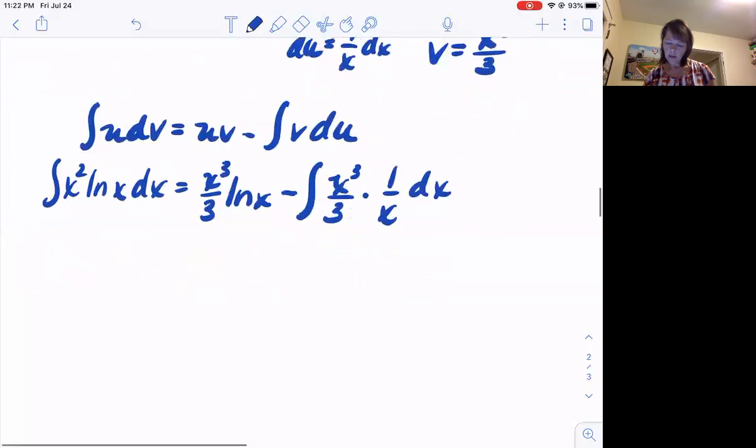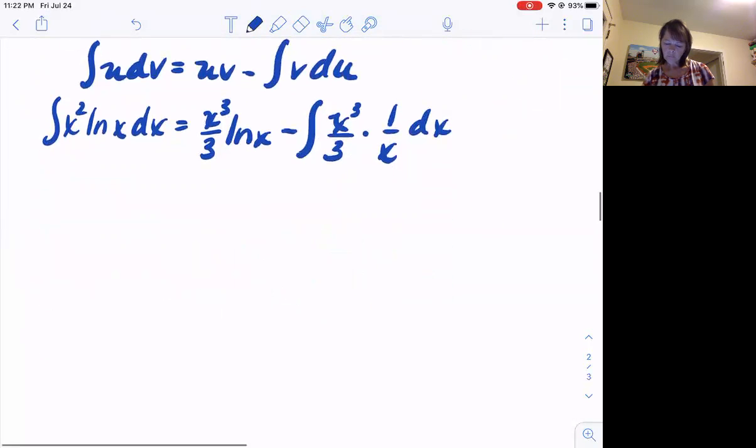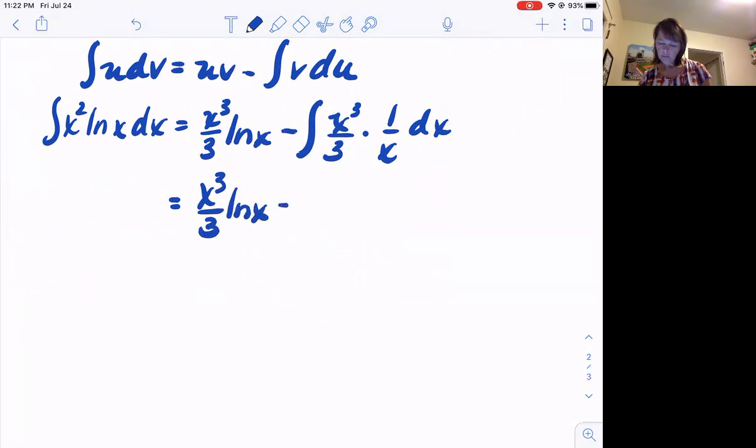So now we have x cubed over 3 ln of x minus, we're going to simplify, you could put the 1/3 out front though, so it would be minus 1/3 the integral of x squared dx. So easy to integrate now.